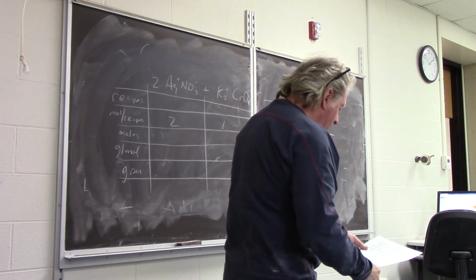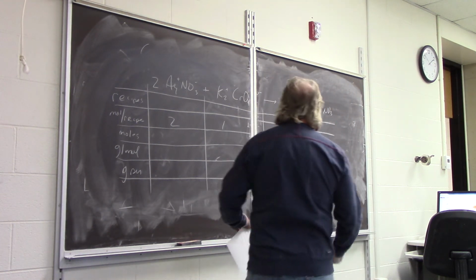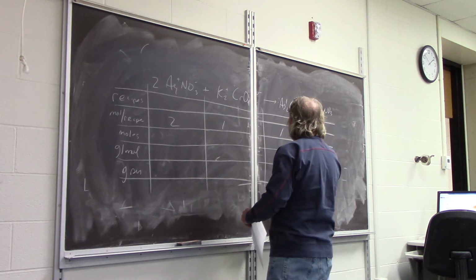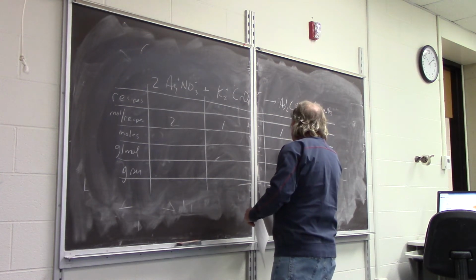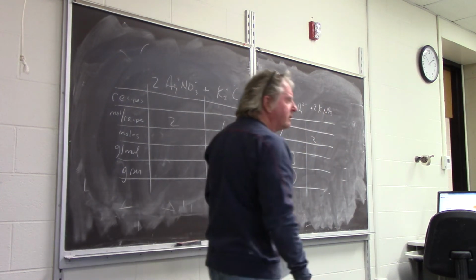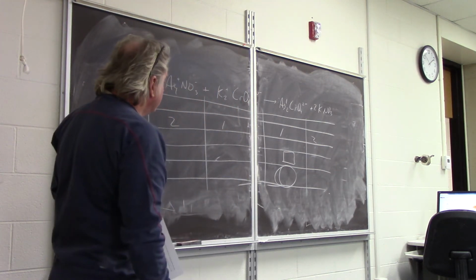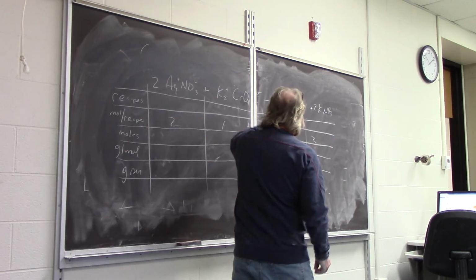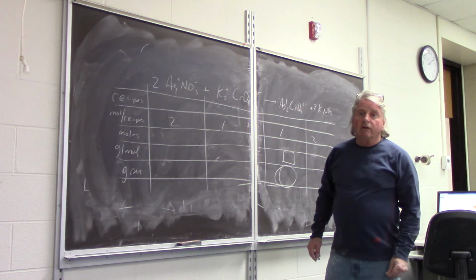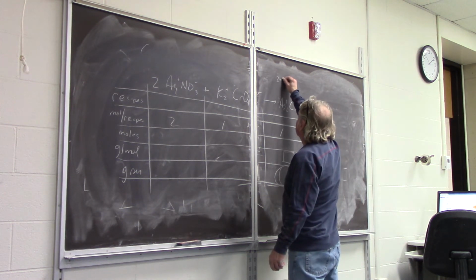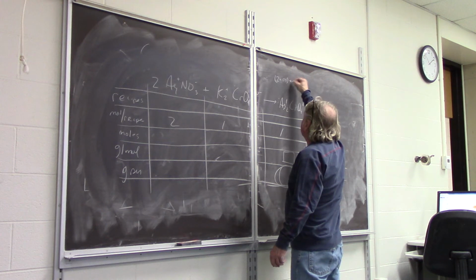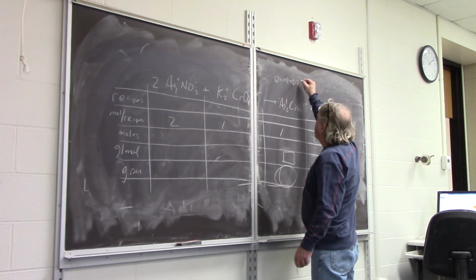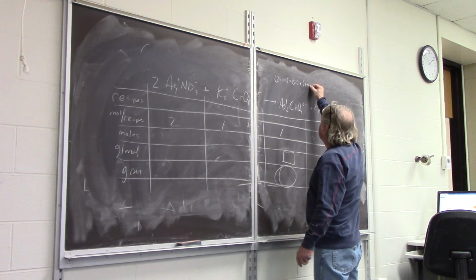So I want to know how many grams of silver chromate. So I want to find this right here, so I'm going to need this value. I really don't need any of the other values because that's the only grams that are involved. So the molar mass of silver chromate: silver is 108 twice, chromium is 52, and 4 times 16.